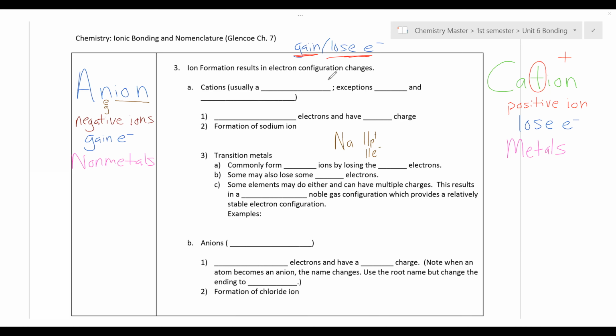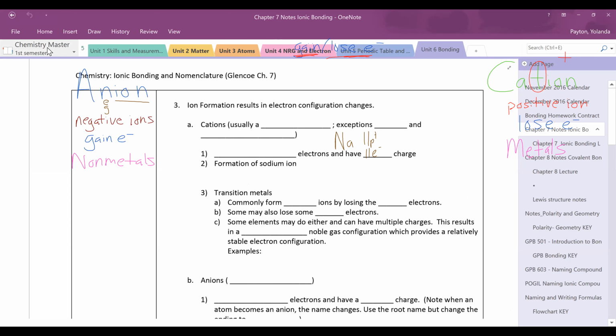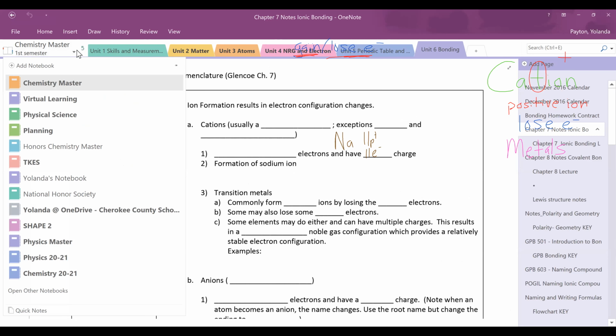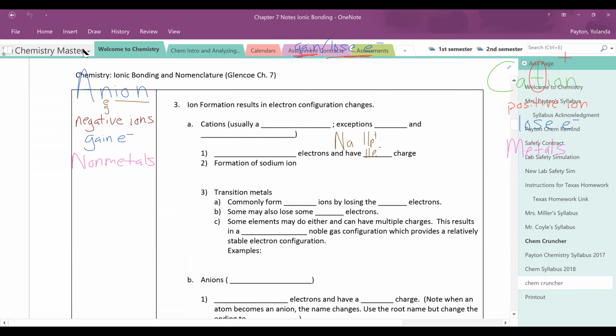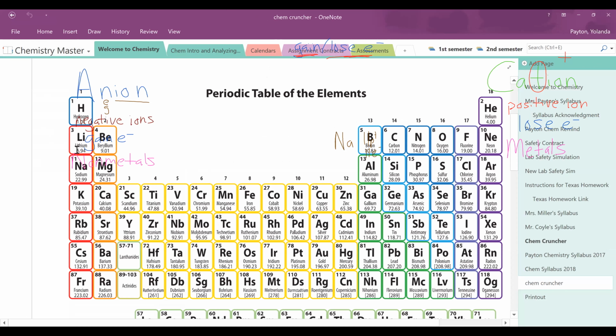He can either gain 7 more electrons and look like, let me share my screen. Give me 1 second. Actually, I'll just show you right here. So here's sodium right here.